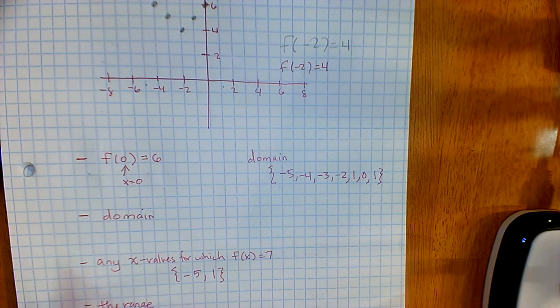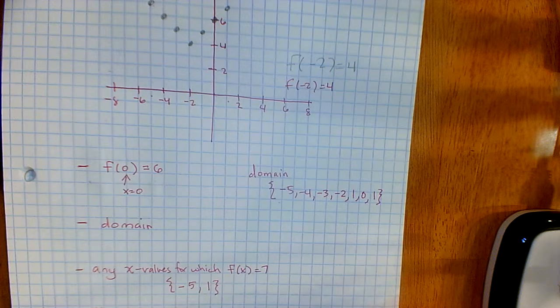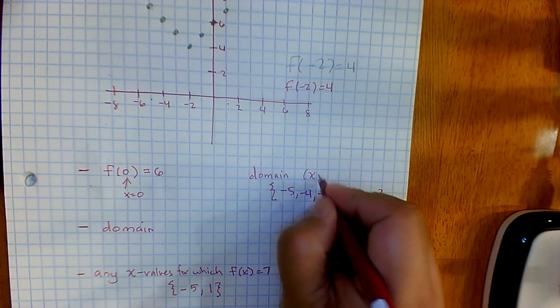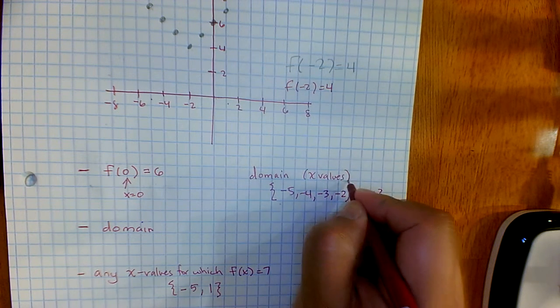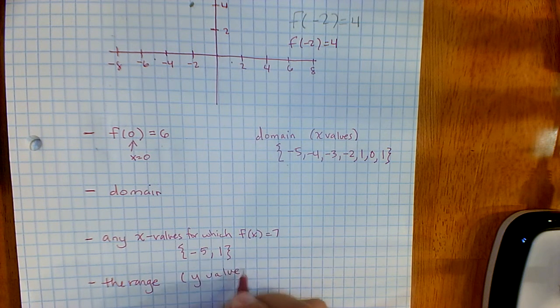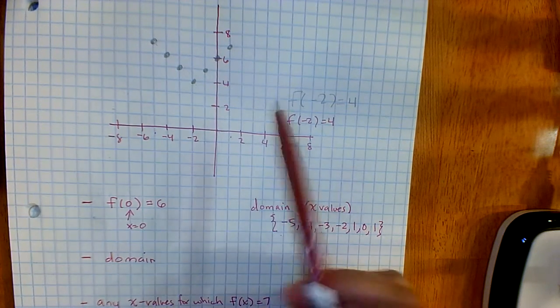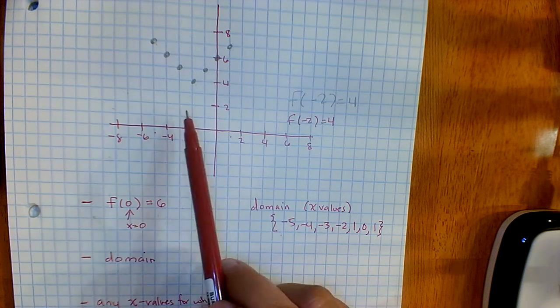And then the last question that I was sent says, what is the range of this function? Range are y values, domains are all our x values, remember. Ranges are y values. And again, because I don't have this line or curve, I only have to go by the points that they've given me.